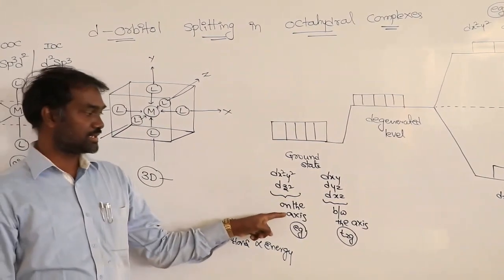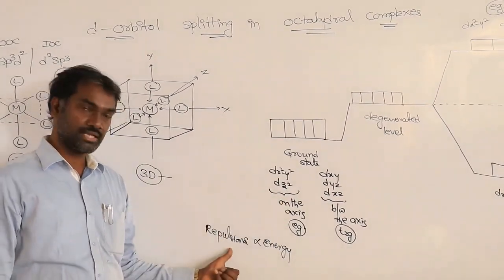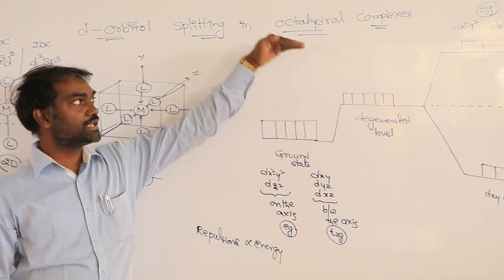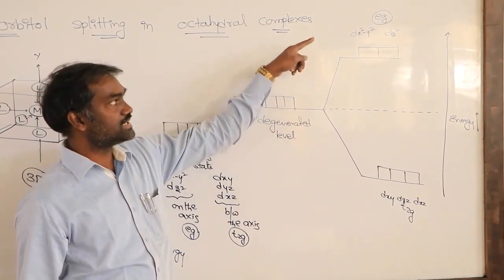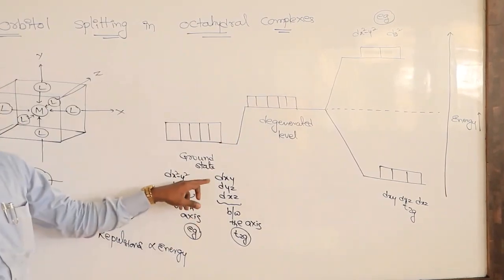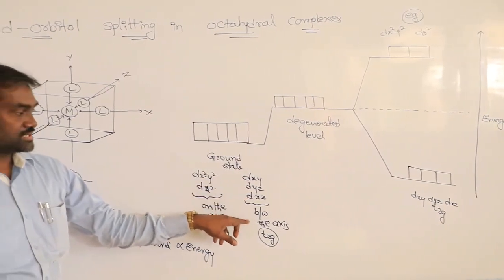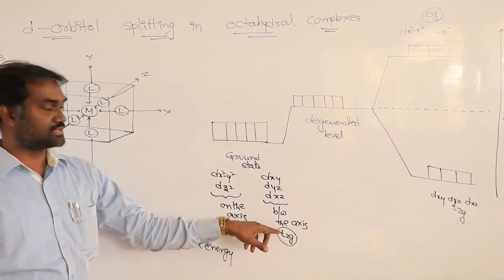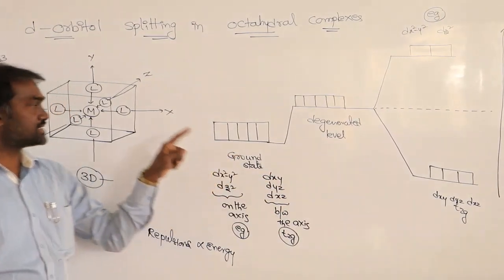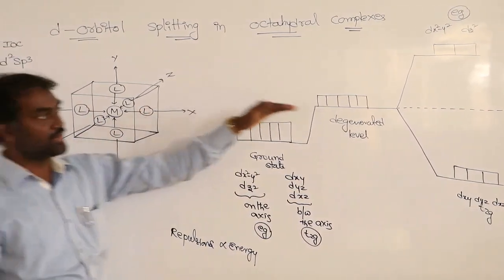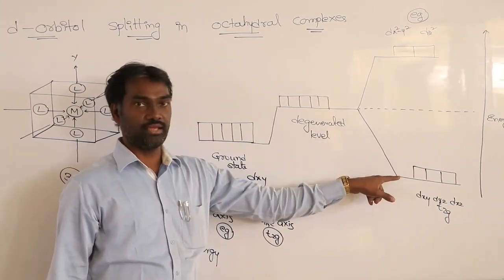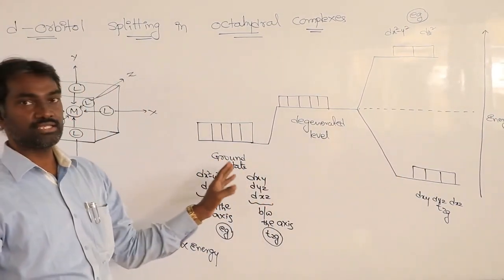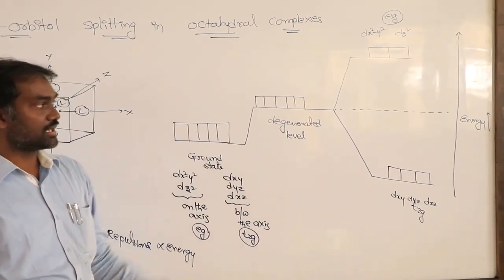The d orbitals present on the axis feel more repulsion, so repulsion increases, which means energy increases. That's why the energy of eg orbitals increases, and they occupy a high energy level from the degenerate level. Next, dxy, dyz, dxz are between the axis. They feel less repulsion from the ligands, so they occupy lower energy from the degenerate level. This is the explanation of the octahedral complex.